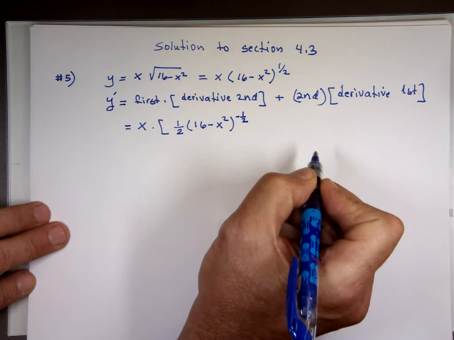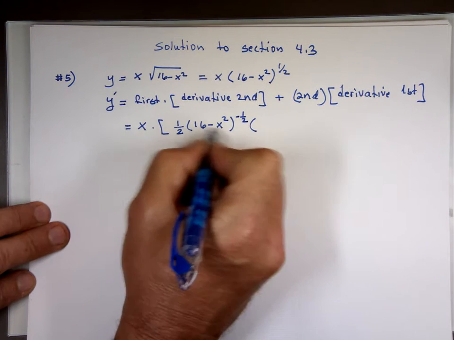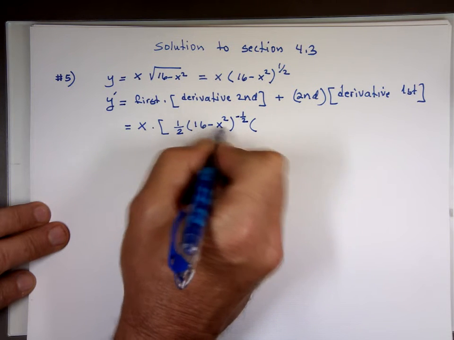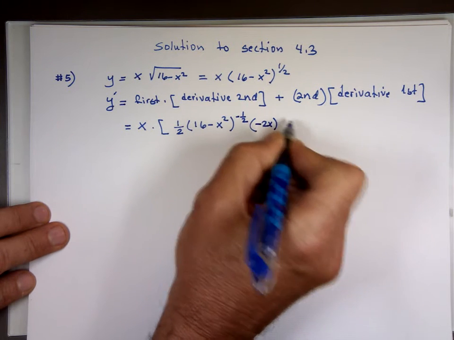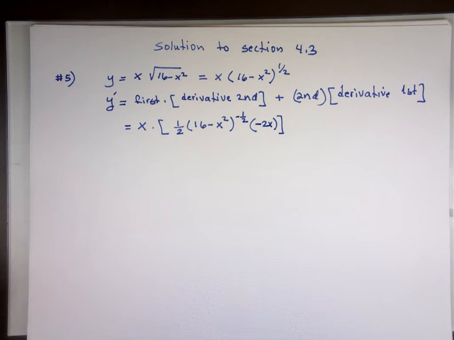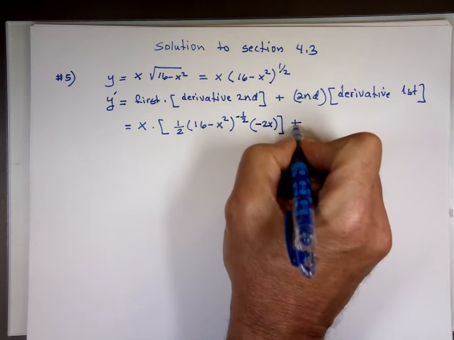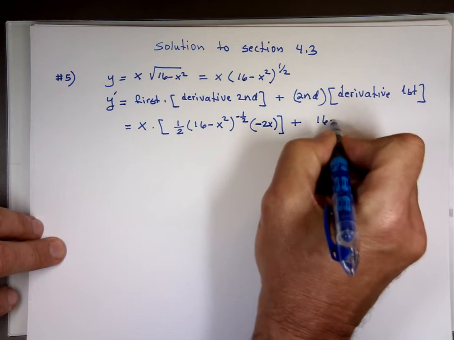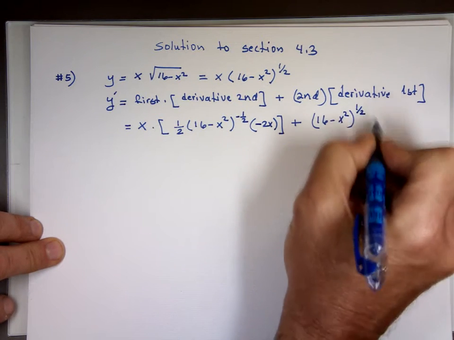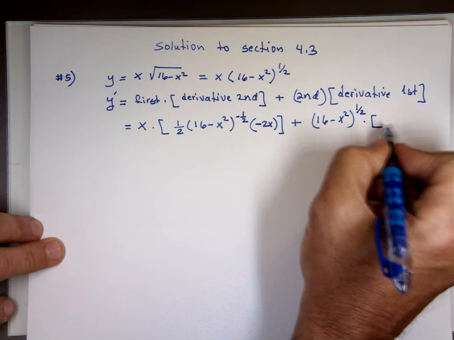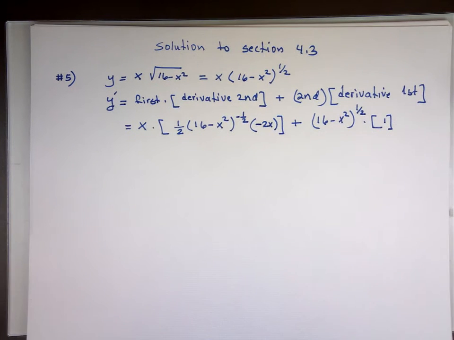Am I done? Times the derivative of what's on the inside of this, which is what? Negative 2x, right? Plus the second times the derivative of x, which is 1.